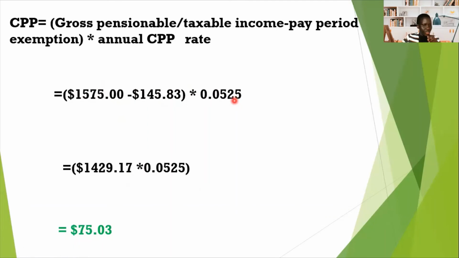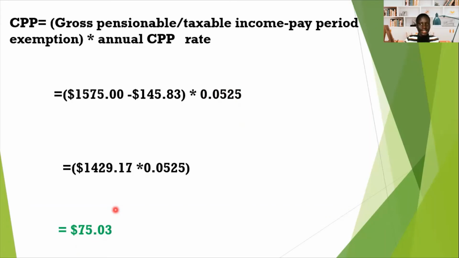You have to convert the percentage into a decimal so you get the right answer. If you put 0.5, it's wrong, so convert it properly so you don't get wrong answers.